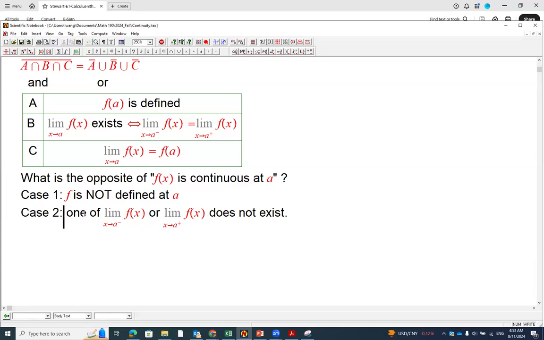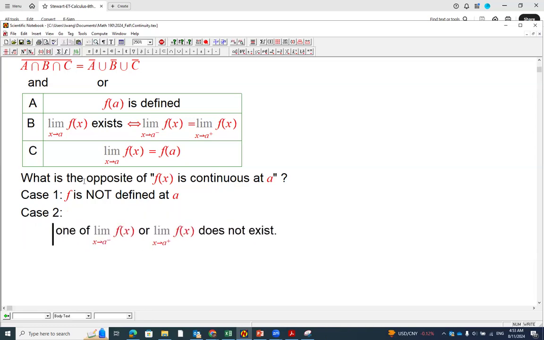Secondly, in case 2, we have, say, lowercase a.